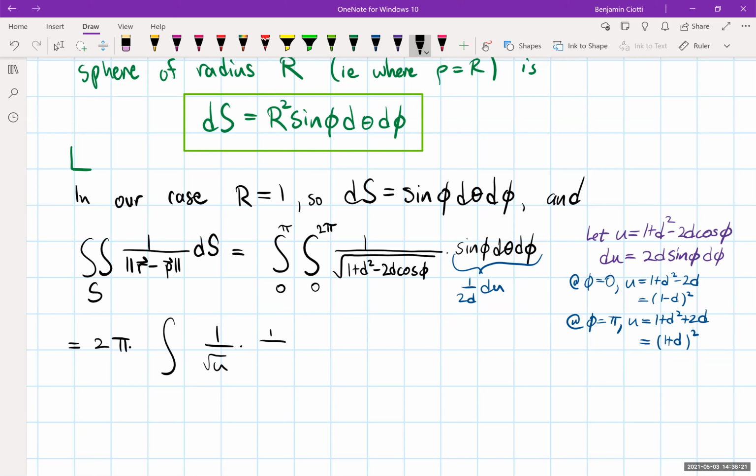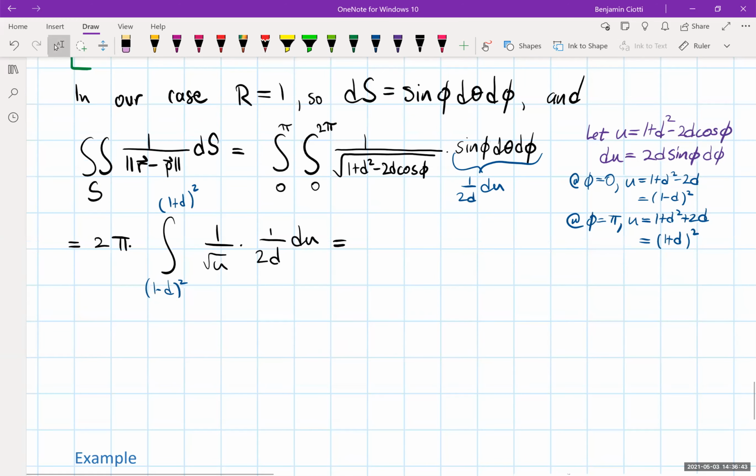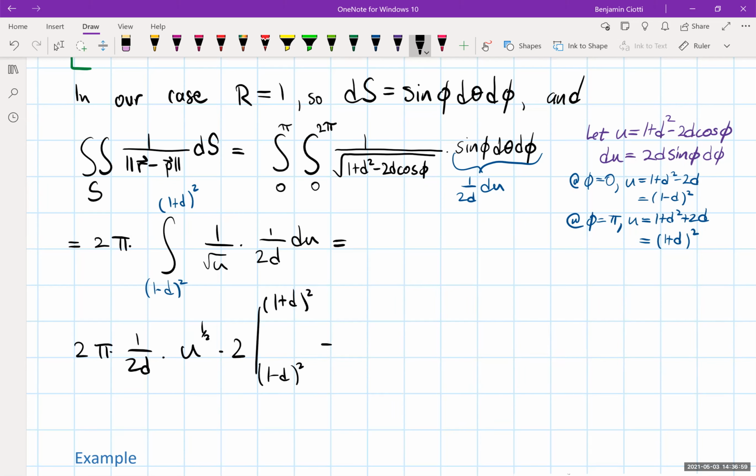So I'll get a 1 over 2d du, from 1 minus d squared to 1 plus d squared, which is 2 pi times 1 over 2d times u to the 1/2 times 2, evaluated from 1 minus d squared to 1 plus d squared.